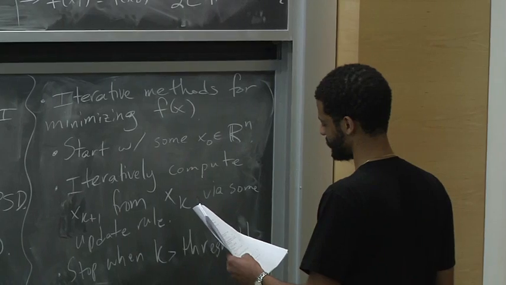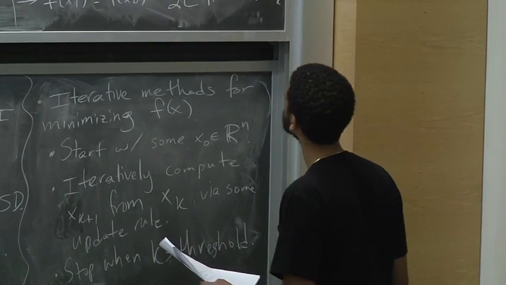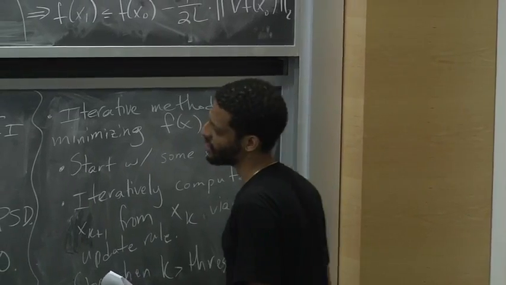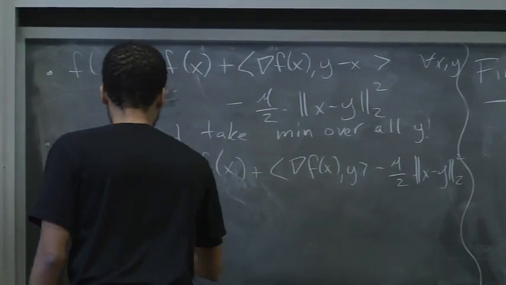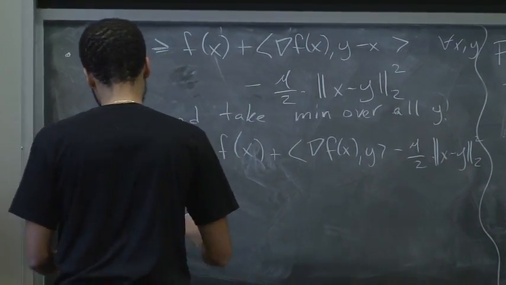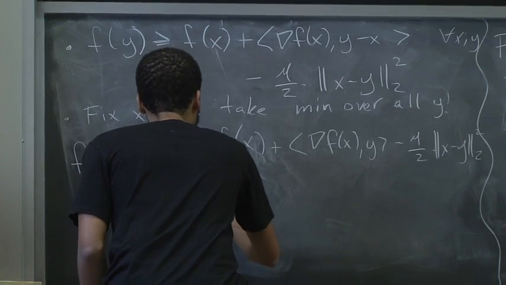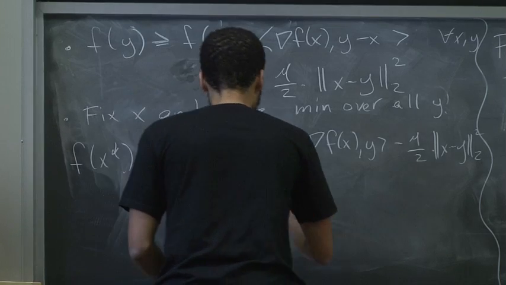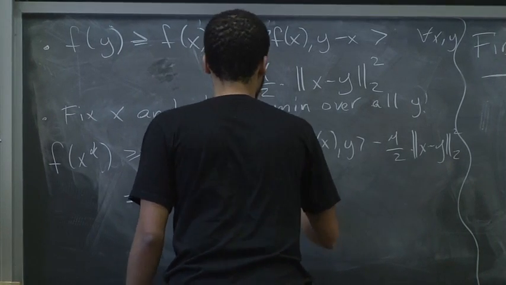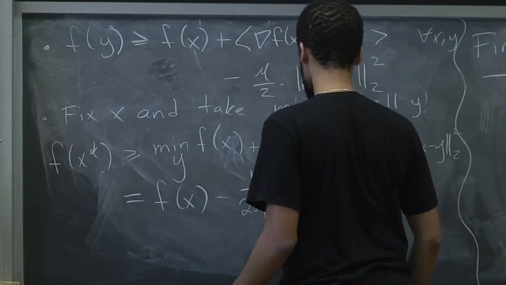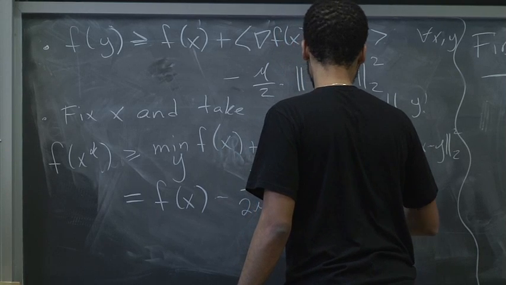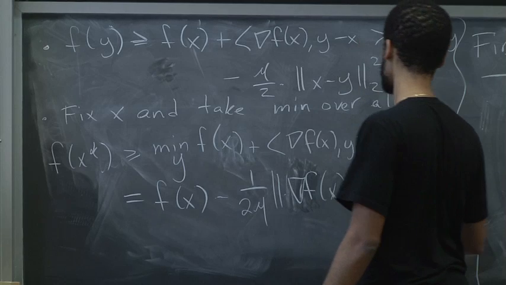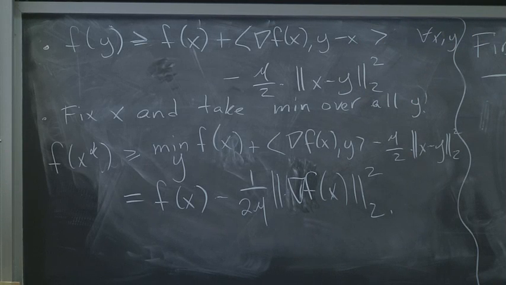Basically, oh, okay, well, I didn't have to recalculate it. But you can show that when it's minimized, it equals f of x minus 1 over 2 mu times the gradient of f of x, squared norm.